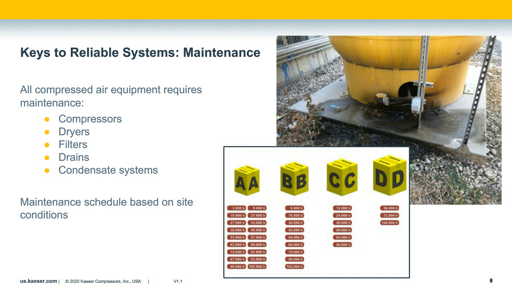And what we can see from the picture is that this tank is actually a dry tank, meaning after all air treatment, we know there's an air quality issue within our compressed air. Maintenance on a recommended service interval for all of your compressed air equipment can help maintain reliability within your system, both from a compressed air equipment uptime perspective as well as an air quality perspective at the point of use.